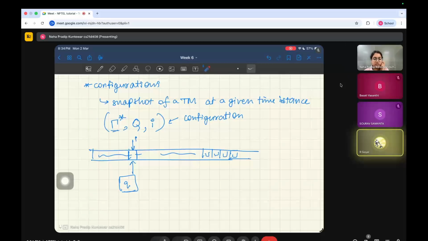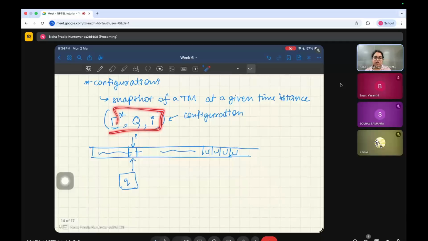Moreover, when we draw the configuration tree of the Turing machine, we probably do not store this entire information, alpha and gamma and everything. We just store the state of the Turing machine and whether we make a left move or a right move. No, a configuration at any point of time will consist of the entire tape content, even in the configuration tree.